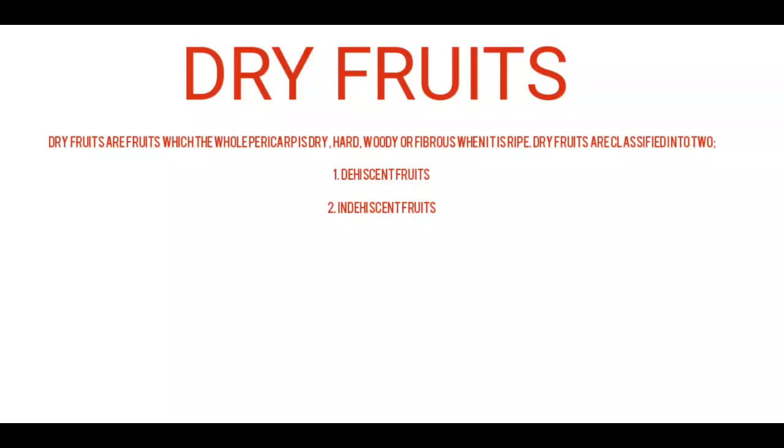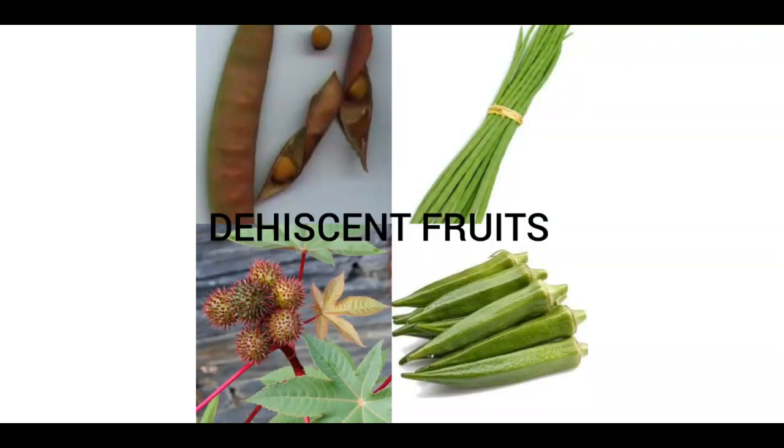Dry fruits. Dry fruits are fruits in which the whole pericarp is dry, hard, woody, or fibrous when it is ripe. Dry fruits are classified into 2. 1. Dehiscent fruit. 2. Indehiscent fruit. Dehiscent fruits are fruits which split to release their seeds when they are ripe, leaving only the fruit walls on the plant.